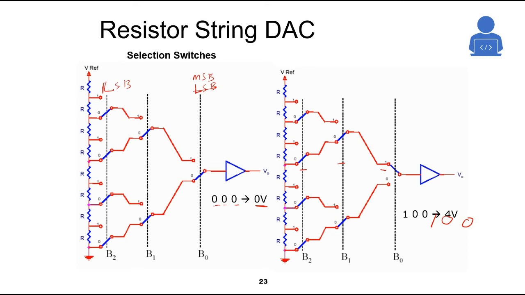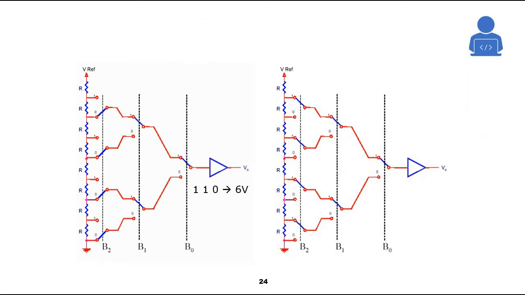How many volts? So V4 equals 4 divided by 8 multiplied by 8 volts. So we get 4 volts. Okay, and then same.